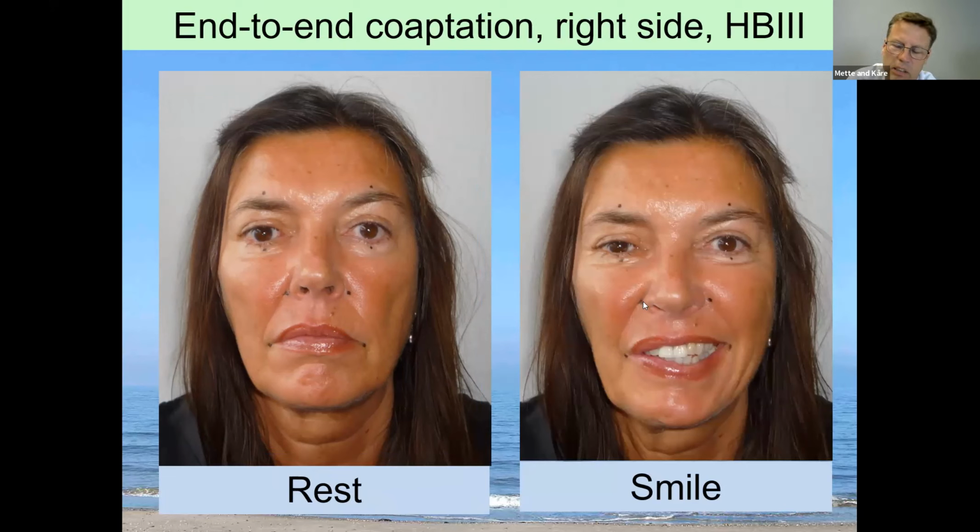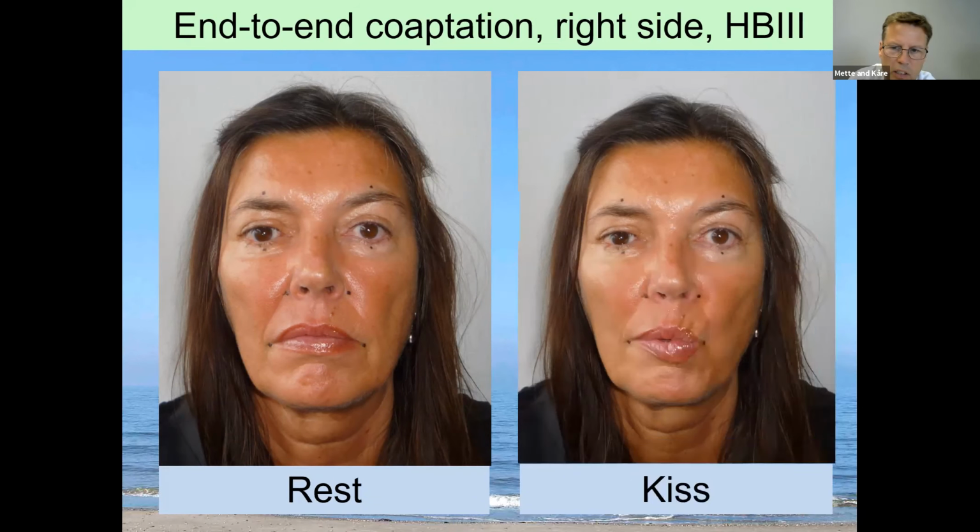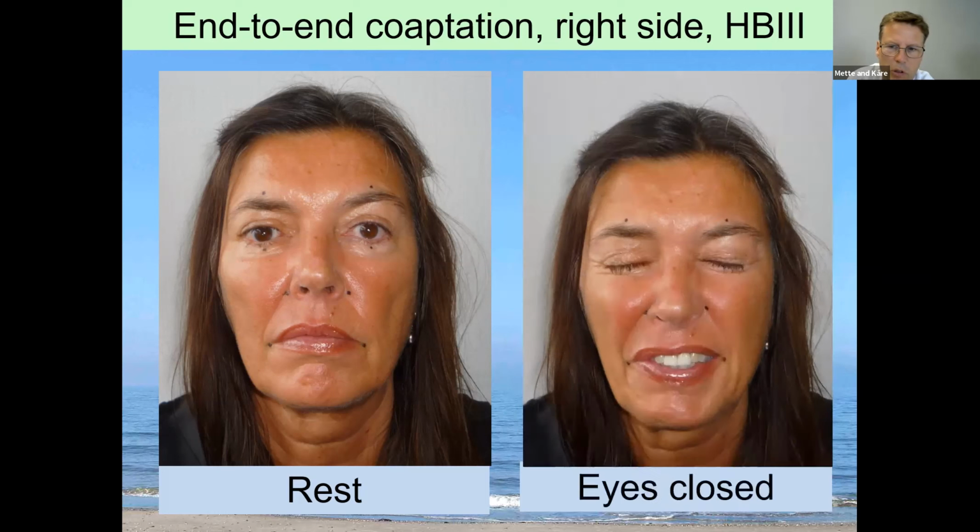You can see she has achieved a nice nasolabial fold, and she has a lot of tone in this side of the face, and this is actually her problem. And we've had to modulate this a lot with Botox because she had a lot of synkinesis. But essentially, she has a function House-Brackmann three, which is what we almost always achieve, whether it's a direct suture or whether it is a direct graft.